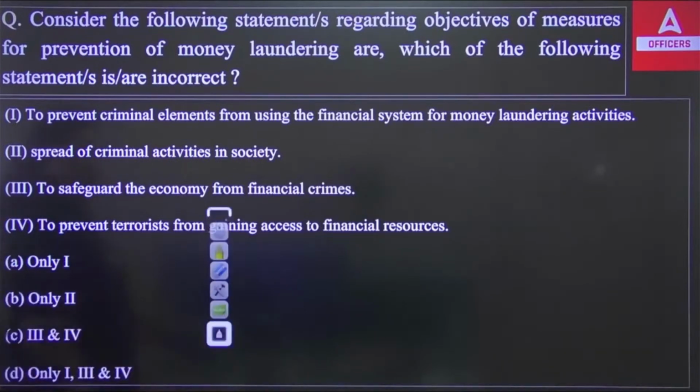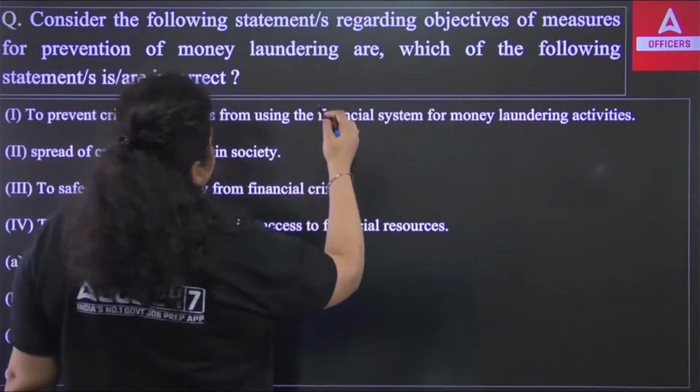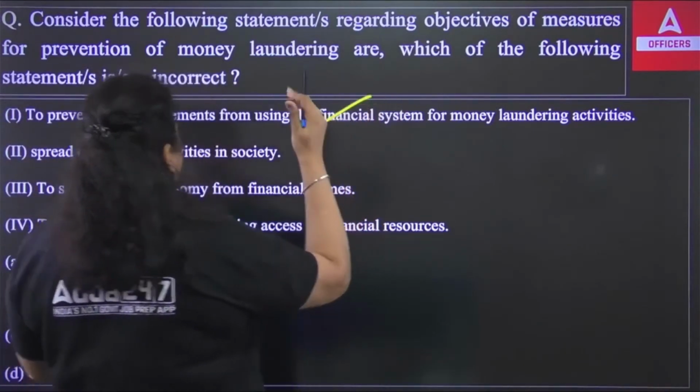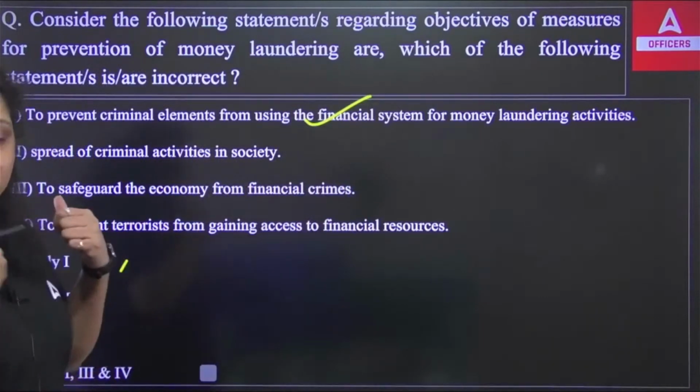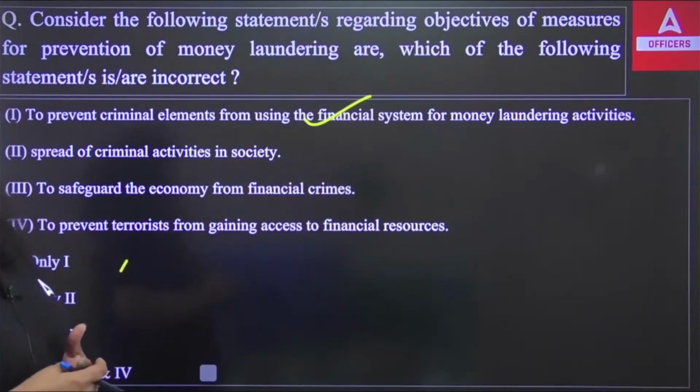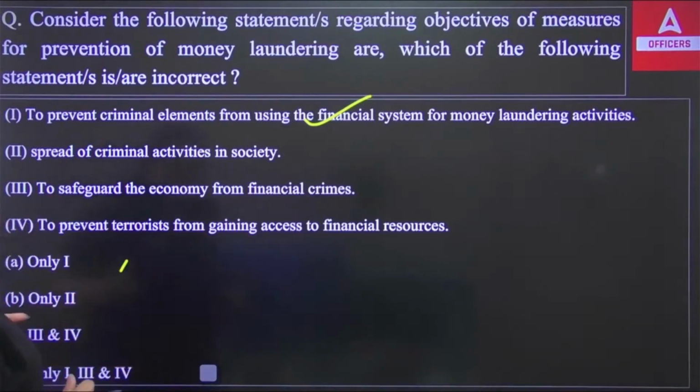First is saying: to prevent criminal elements from using the financial system for money laundering activity. I think this is true. We are trying to prevent criminal elements, meaning the persons who perform money laundering, from using the financial system for that purpose. So this is true.